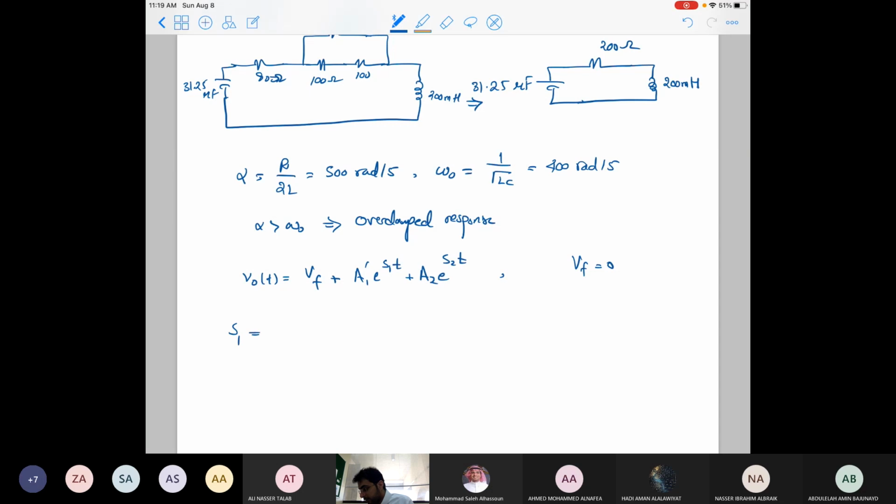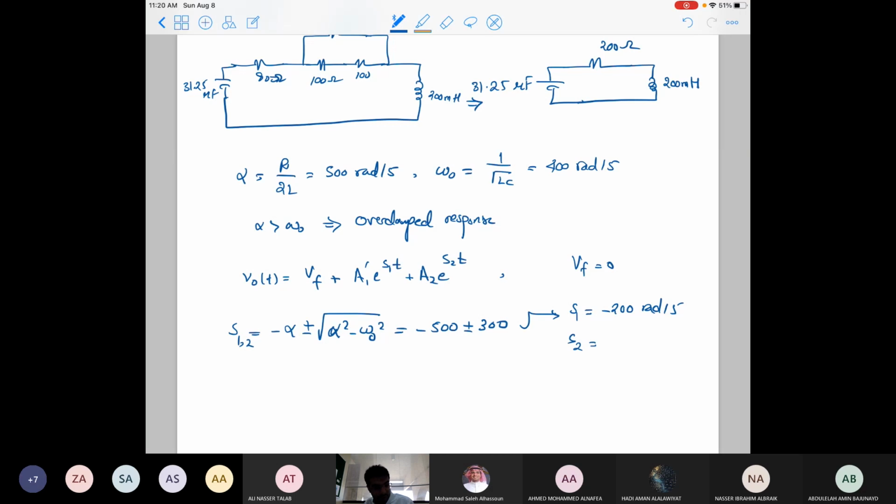Maybe at this stage, if you have 500 and 400, the remaining quantity is going to be 300. So it's going to be minus alpha, therefore S1 is going to be minus 200 radians per second.